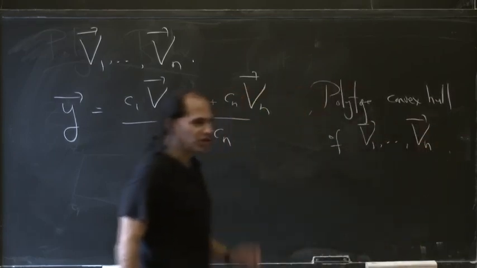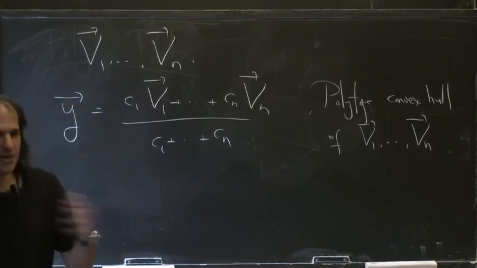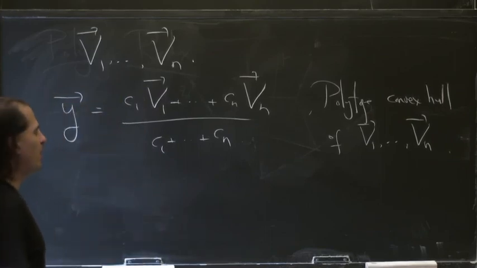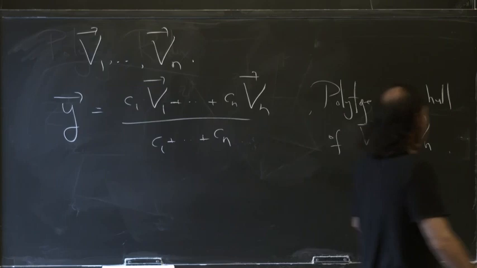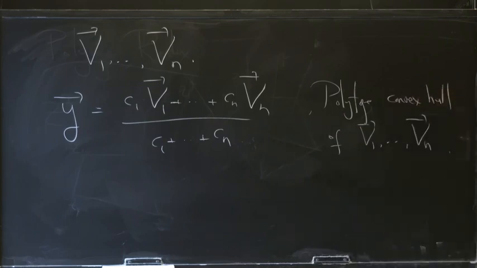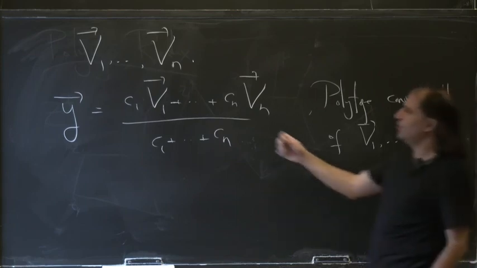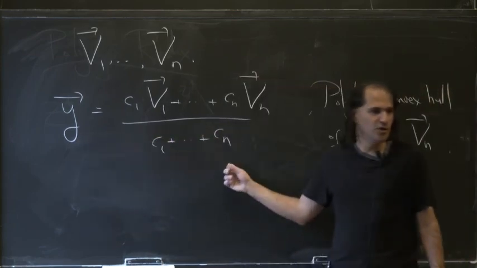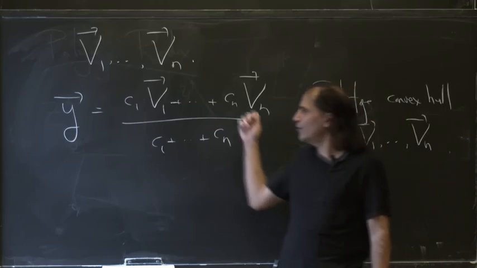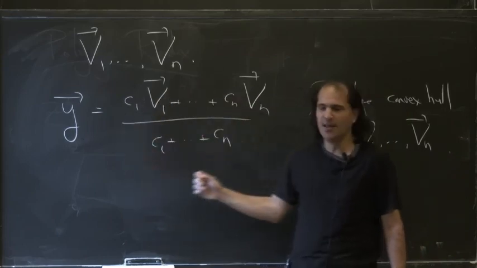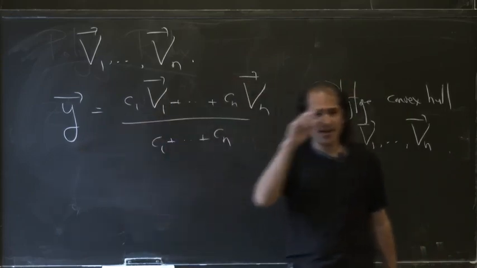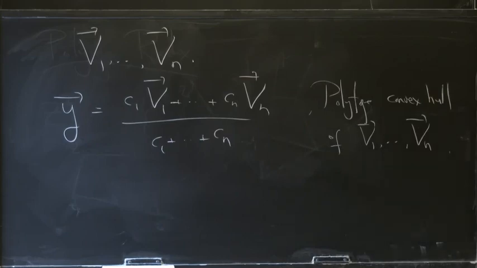That's just a definition. The word convex hull just means you're taking a positive weighted sum of all the vectors. Once again, this is a highly non-unique map, so I scan over all the positive c's I can, and the space of all the y's that I get in that way is the interior of the polytope.